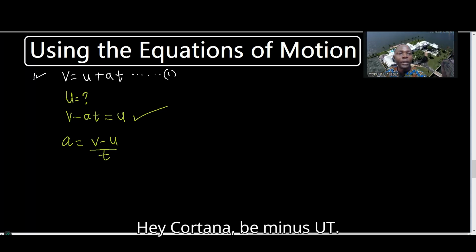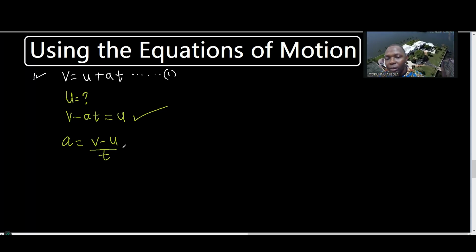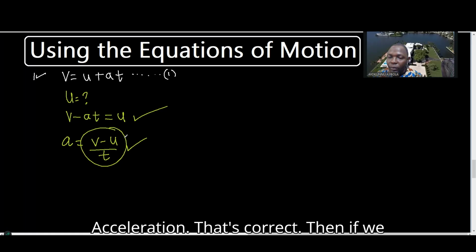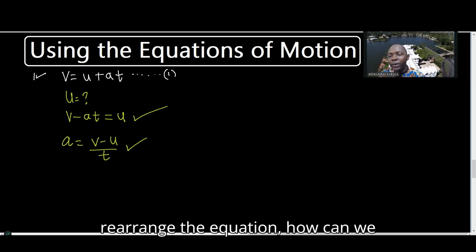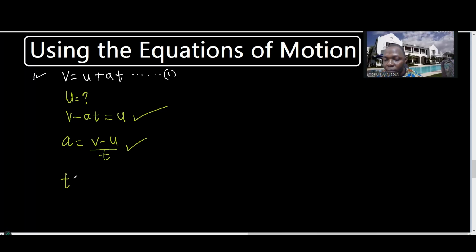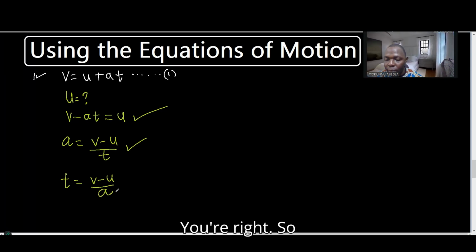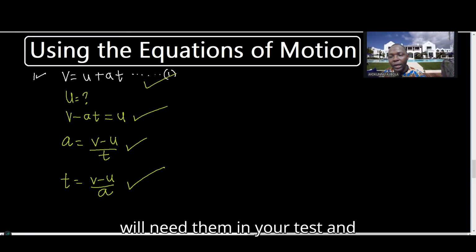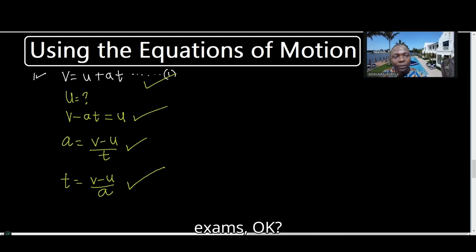A equal to V minus U over T, and this is the formula for acceleration. Then, if we rearrange the equation, how can we find T? V minus U over A. So take note of these four cases. You will need them in your test and exams, okay?